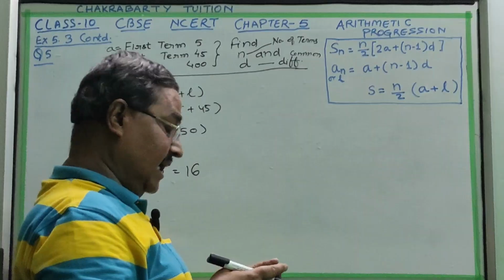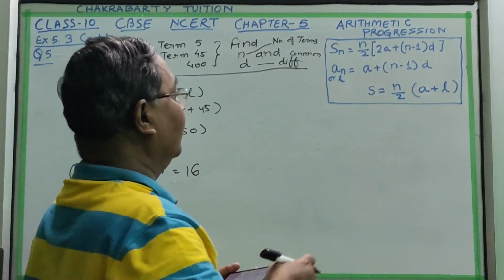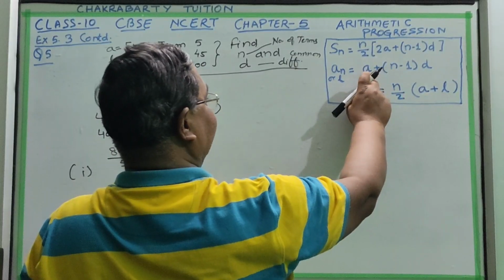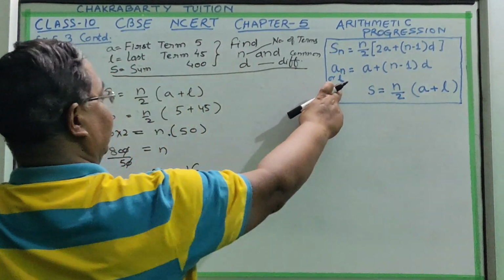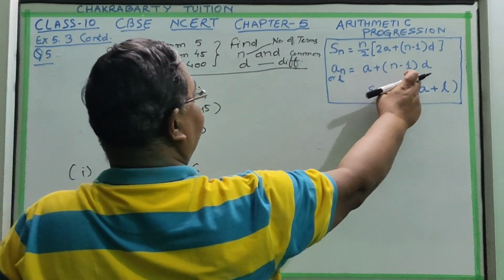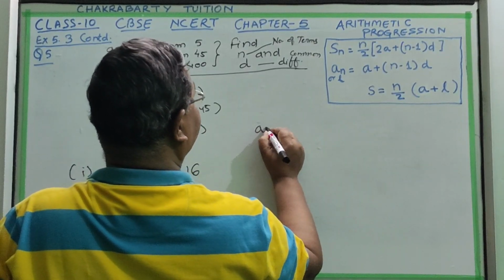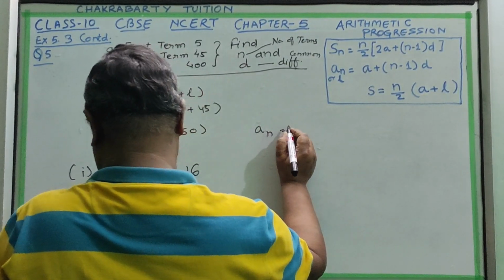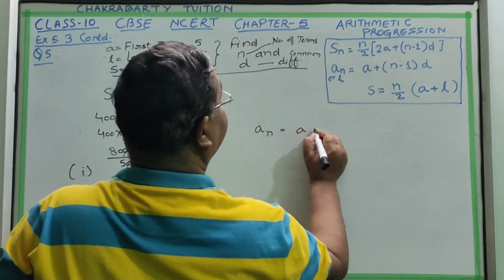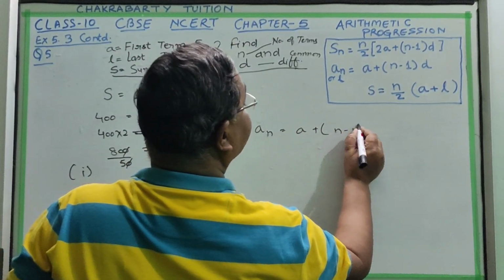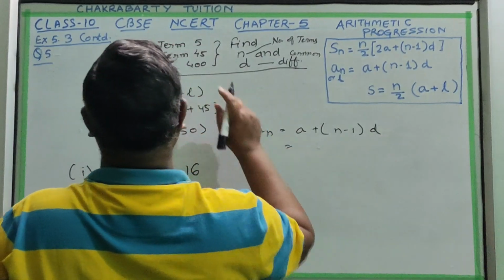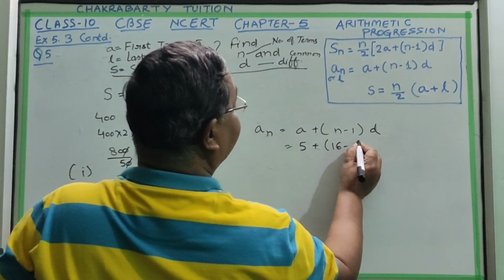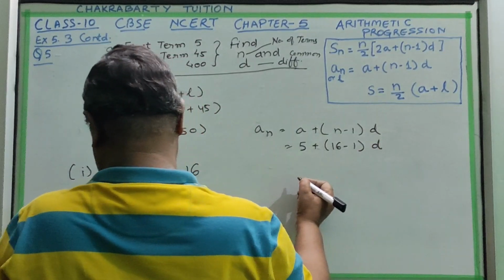Now in the question they are asking you to find the difference also. We have found A, and the last term is also with us, so we will go with this formula. An is equal to A plus n minus 1 times D. A is given, n we have calculated, and D we have to find out.